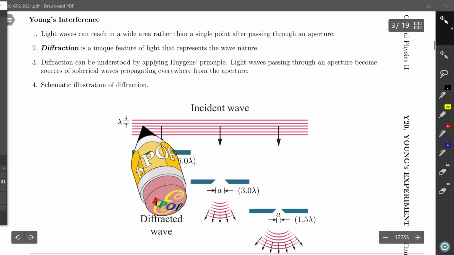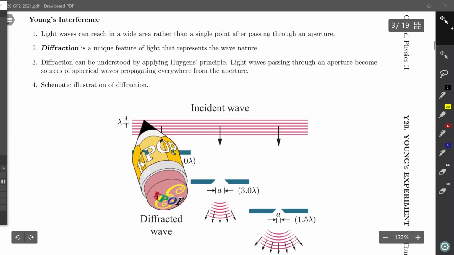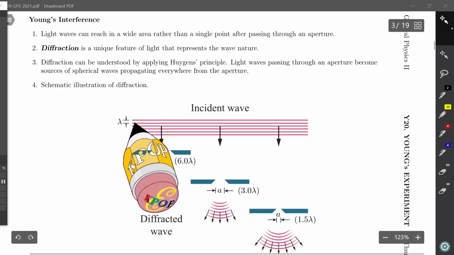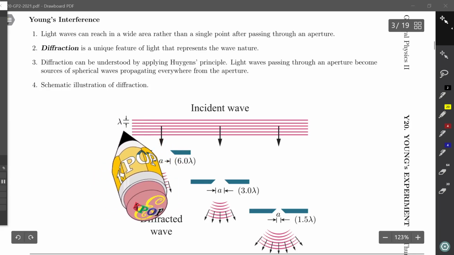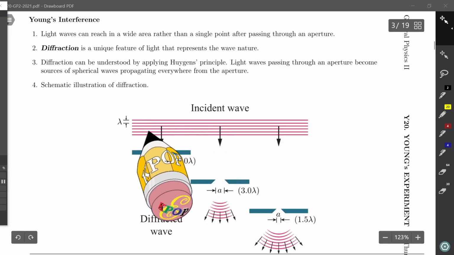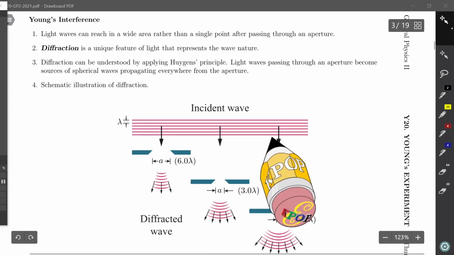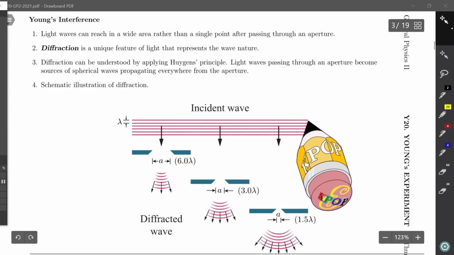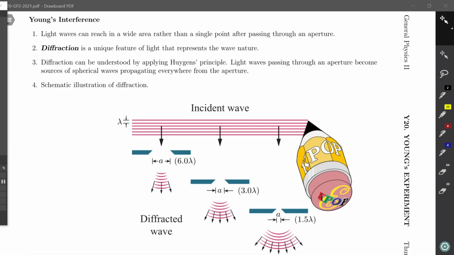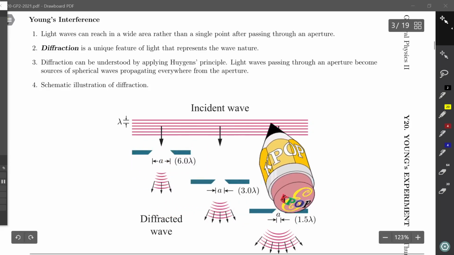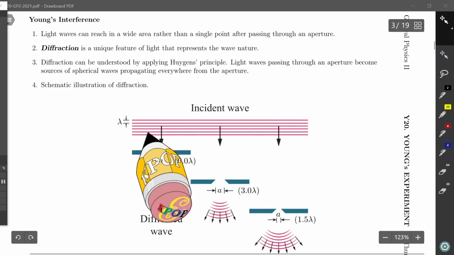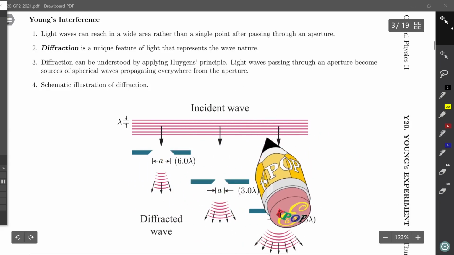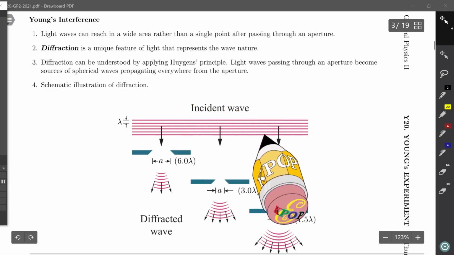The same phase appears again when we go further by a gap of one wavelength, and it appears repeatedly. If the line connecting the points of equal phase, that is the wavefront, is a parallel line, that means our wave is a plane wave.